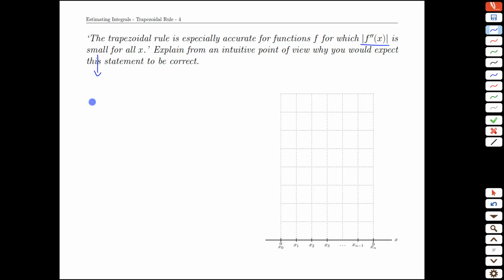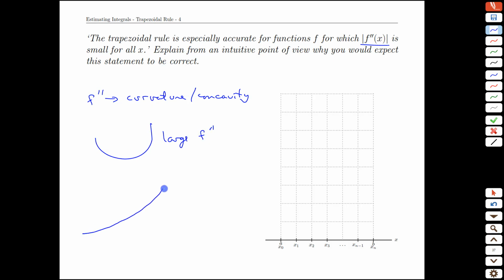Well, just thinking about the second derivative, this is about curvature or concavity. If you have a large f double prime, you'll see things bending quickly. If you see things bending slowly, then the points along this curve have small second derivatives.